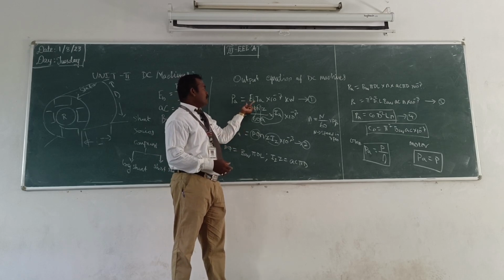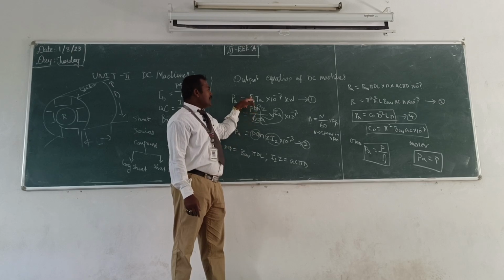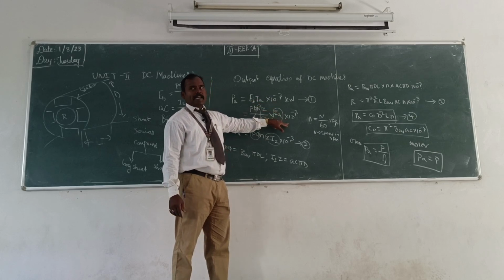Then you substitute the EMF equation into equation 1, replacing Eb with P phi N Z divided by 60A, into Ia, into 10 power minus 3.